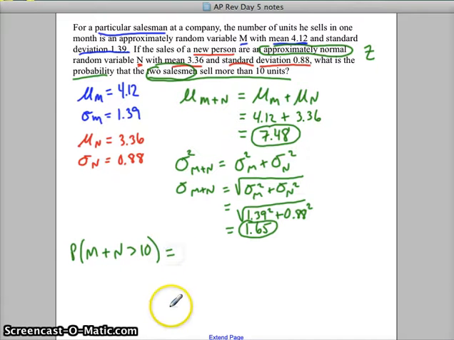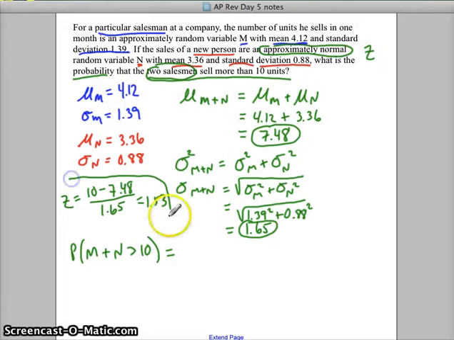Okay, so now we got to do a z-score. So 10 minus the mean of 7.48 divided by the standard deviation of 1.65. And when I do that, my z-score is 1.53. This is all side work here.